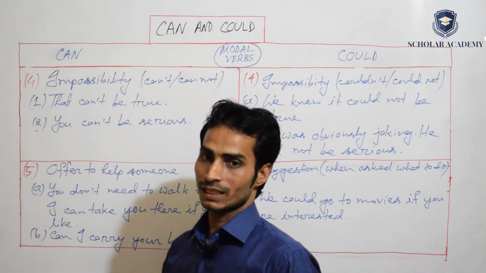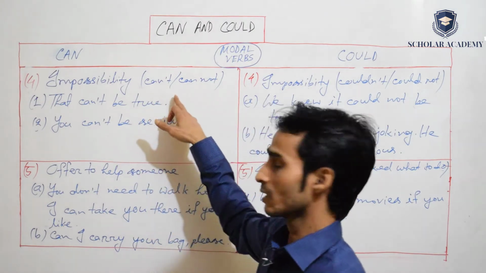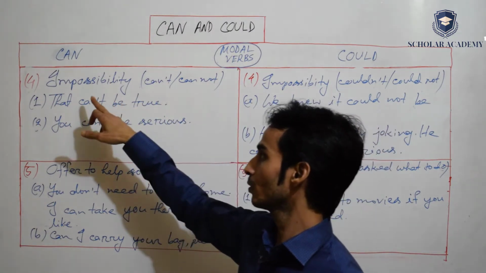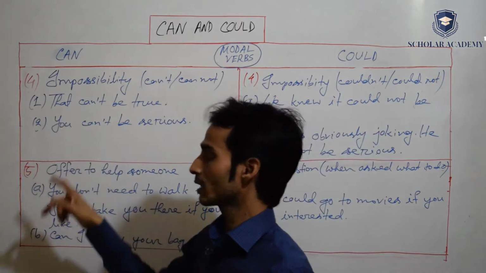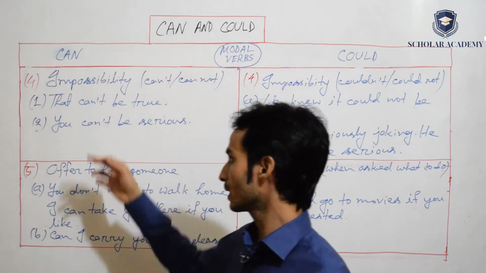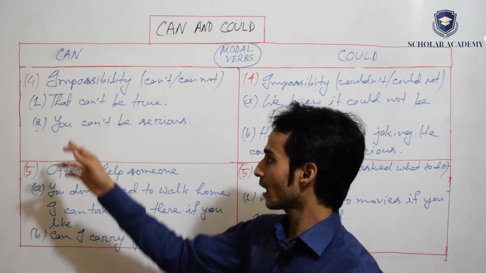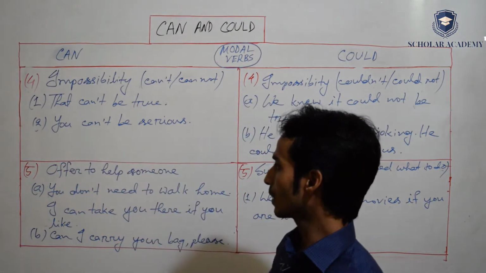The number 4 difference is with impossibility. That means we use can't or cannot to talk about impossibility. Let's have a look at some examples with it. Number 1 is, that can't be true. Number 2, another example is, you can't be serious.